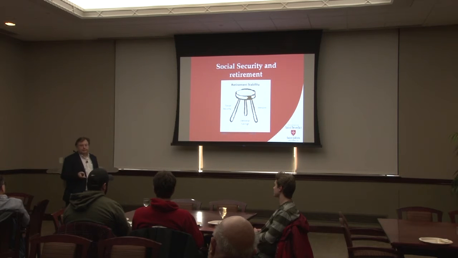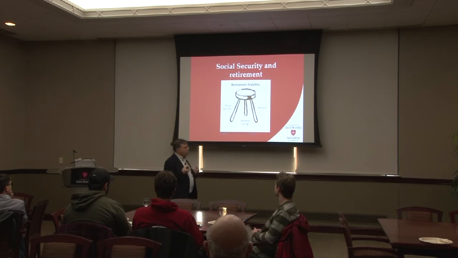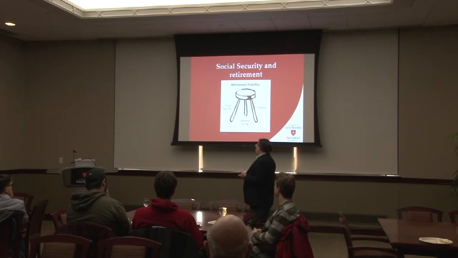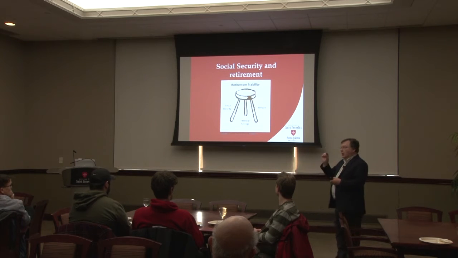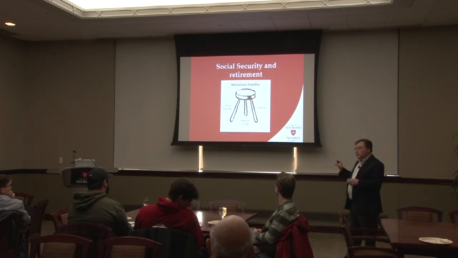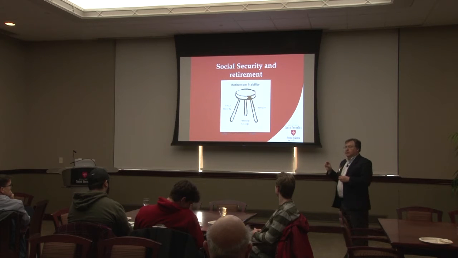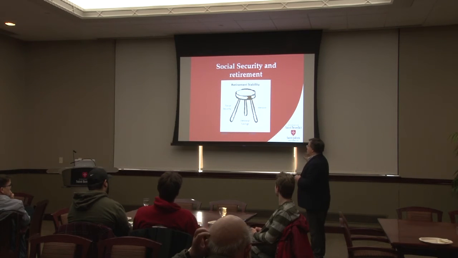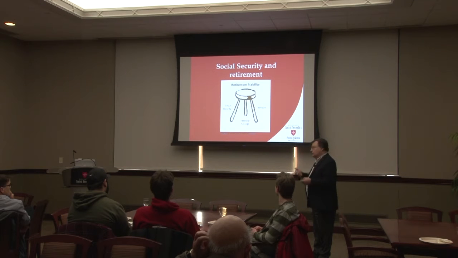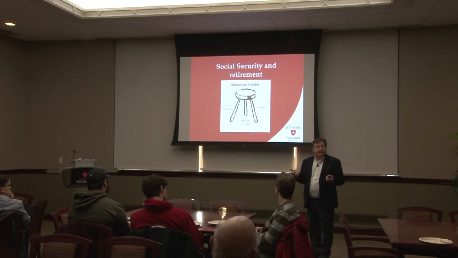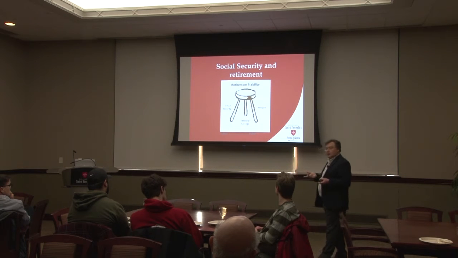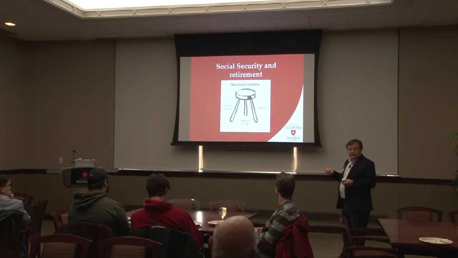That's up to you. Right now, the way the program is structured is that the leg will stay the same length. It has to. The benefits are given in law, so unless Congress does something, those benefits will not be cut. What will happen, however, is that since the Social Security taxes themselves won't cover all the benefits, and the trust fund will be emptied out, you're going to have to pay regular income taxes towards those Social Security benefits.